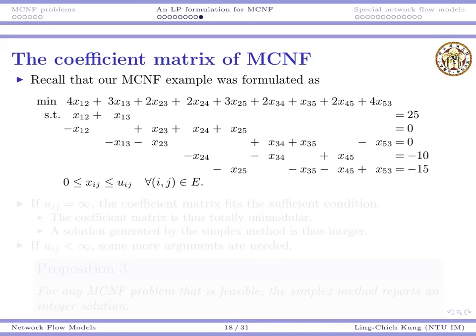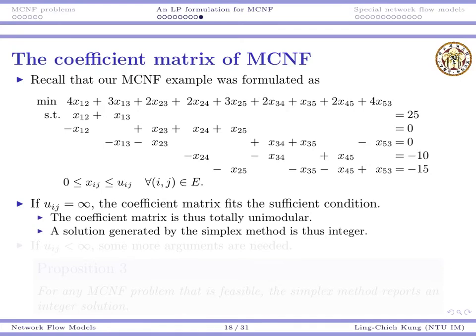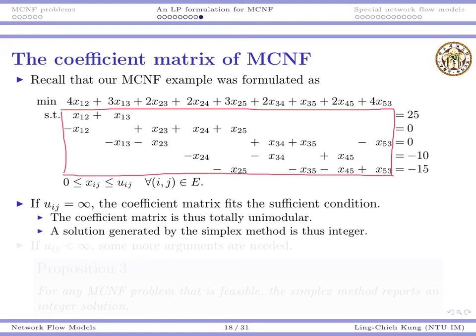But let's assume the following. Suppose all the Uij are infinity. That means there are no inequality constraints. What will happen? Then the coefficient matrix will just be this one. Okay? Then we only have these numbers as our coefficient matrix.